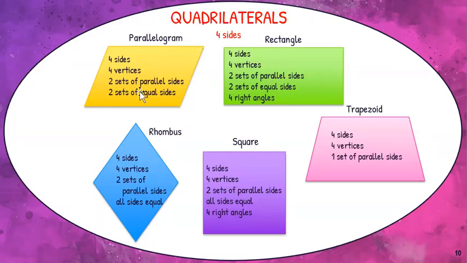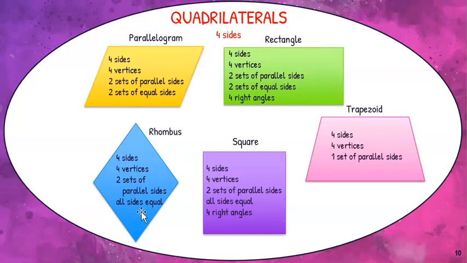Okay, so let's look for 2 sets of parallel sides and 2 sets of equal sides. The rectangle also has 2 sets of parallel sides, 2 sets of equal sides. The rhombus has 2 sets of parallel sides, all sides equal. Does all sides equal mean the same thing as 2 sets of equal sides?